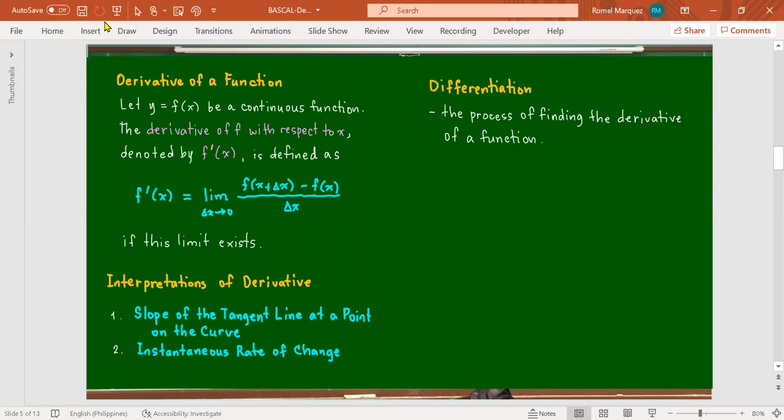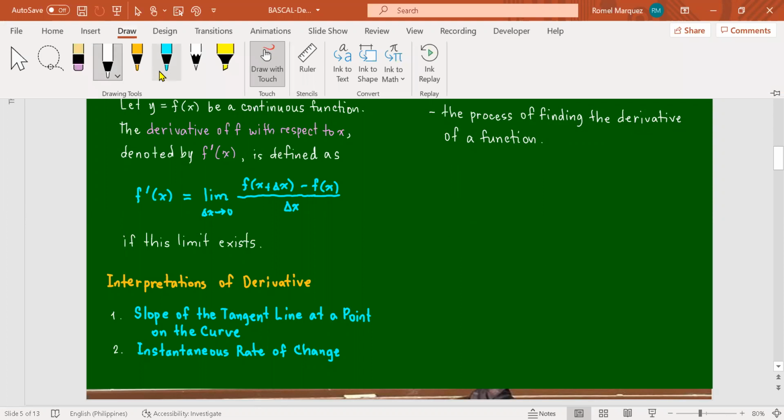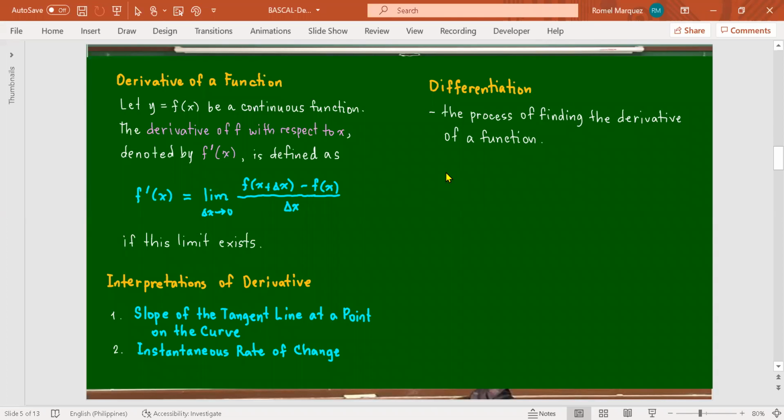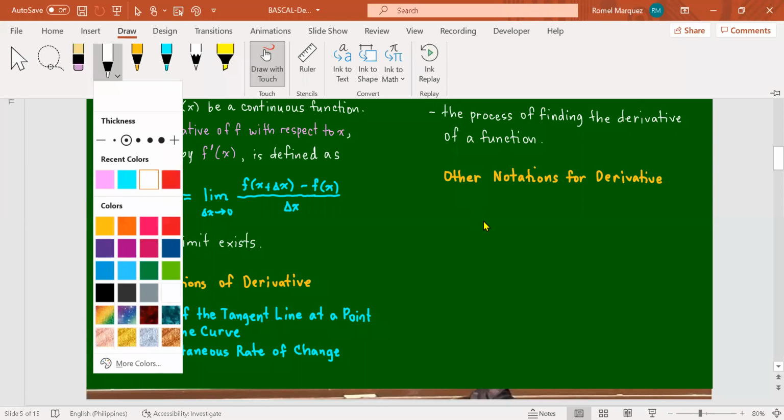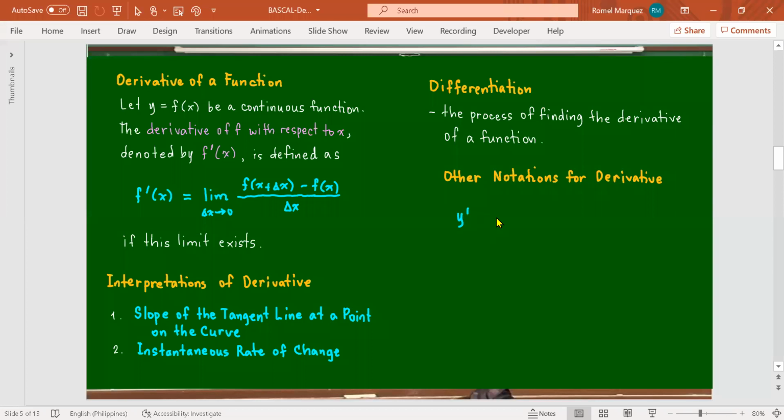Is that clear, guys? Okay. Now, there are different notations used for derivatives. What are the other notations for derivative? So, pwedeng halimbawa, y prime. Ito yung mga other notations. Y prime. Prime notation.